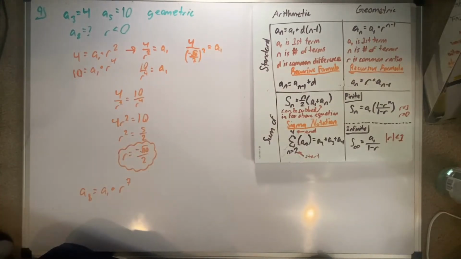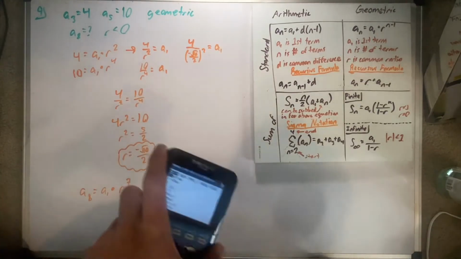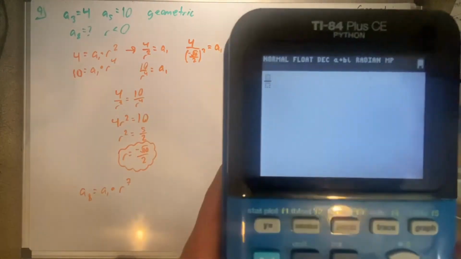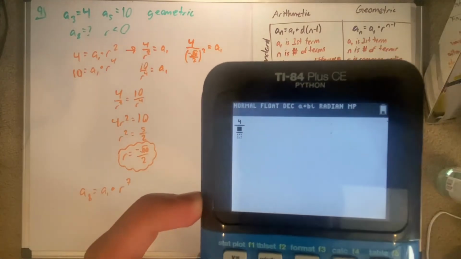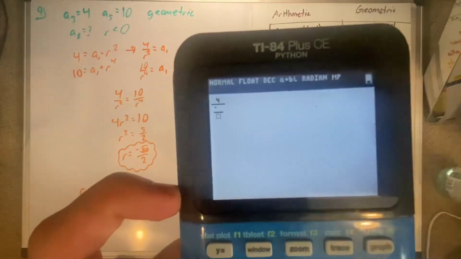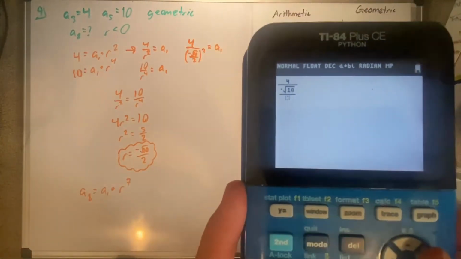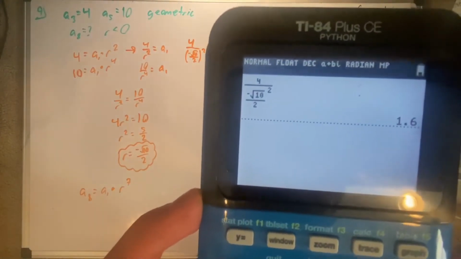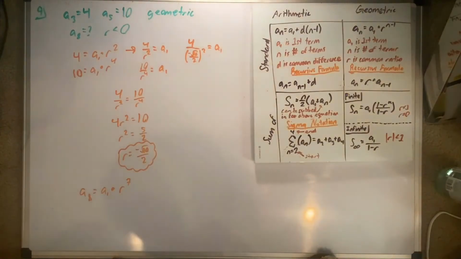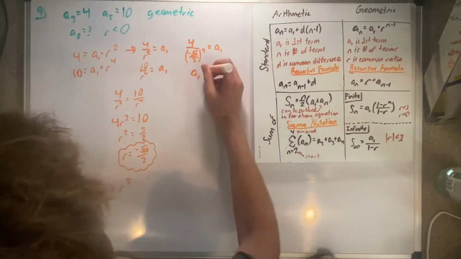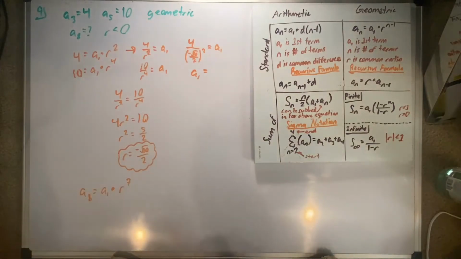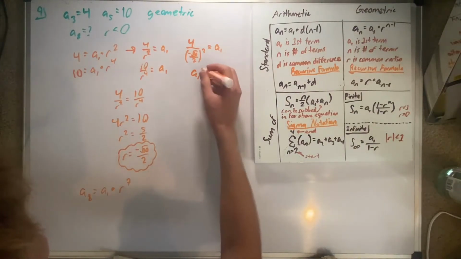So let's just plug this into our calculator here. So 4 over negative rad 10 over 2, all of this squared, is equal to 1.6. So 8 over 5. a_1 is equal to, did I say 1 over 5? I meant this, yeah, 8 over 5. That's what I said.